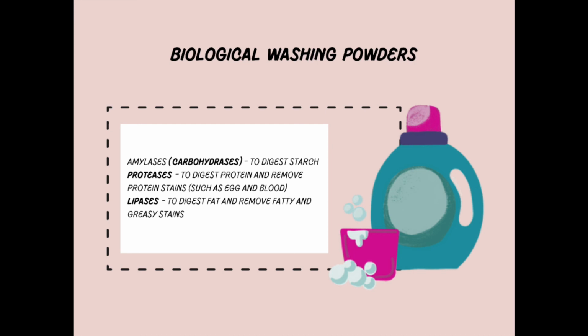We have lipases as well to digest fat and remove fatty and greasy stains from your clothing. These are broken down into their smaller units. For example, protein is broken down into amino acids, and this makes it easier for these molecules to leave the clothes and dissolve in the water.